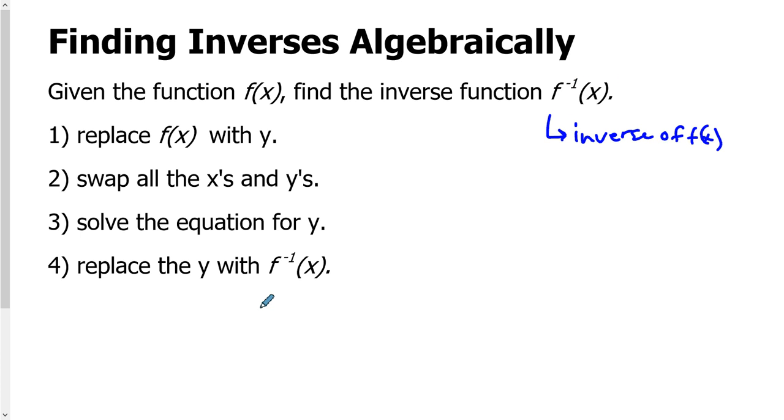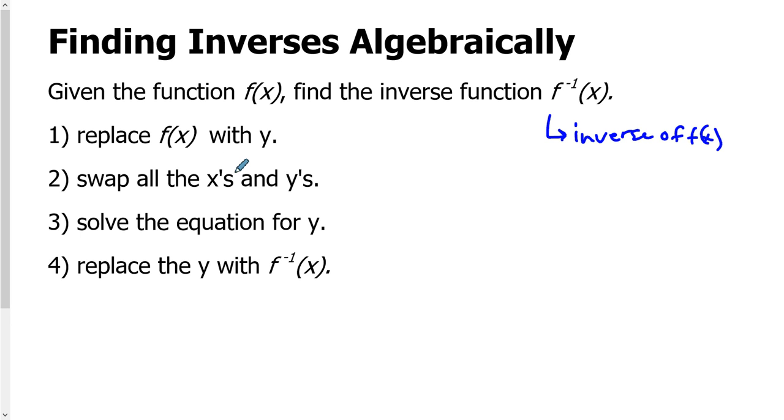So algebraically, what does the process look like? Pretty simple and straightforward. First off, we're going to remember that f of x really represents the output. The output can also be represented with the variable y. So we're going to replace f of x with y.